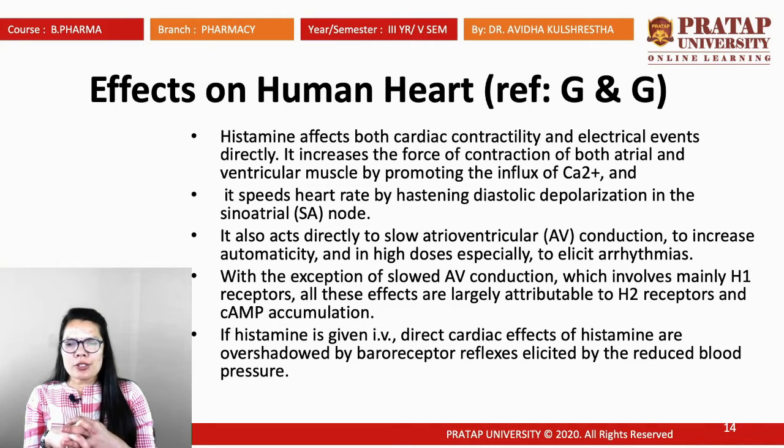With the exception of the slowed AV conduction, which involves mainly the H1 receptor, all these effects are largely attributable to the H2 receptor and cAMP accumulation. If histamine is given intravenously, the direct cardiac effects of histamine are overshadowed by the baroreceptor reflexes elicited by the reduced blood pressure. So this is the basic impact of histamine on the human heart.